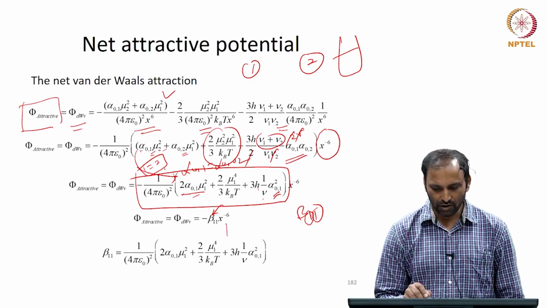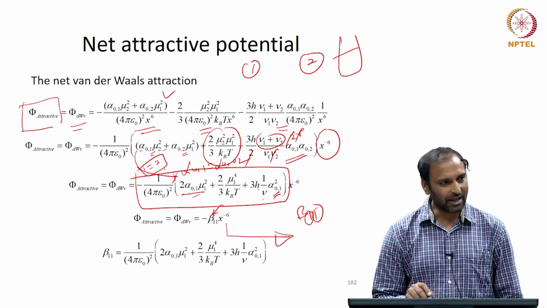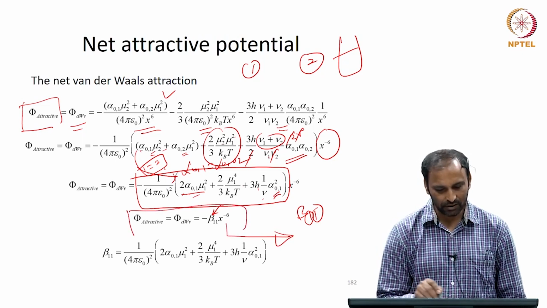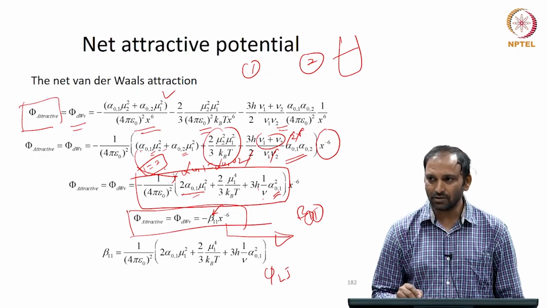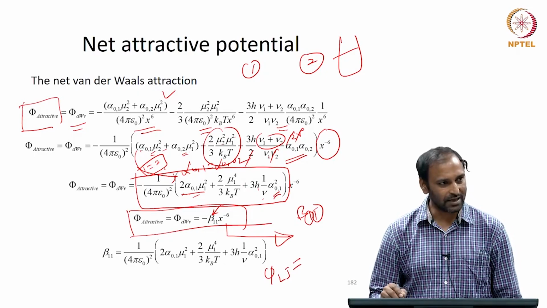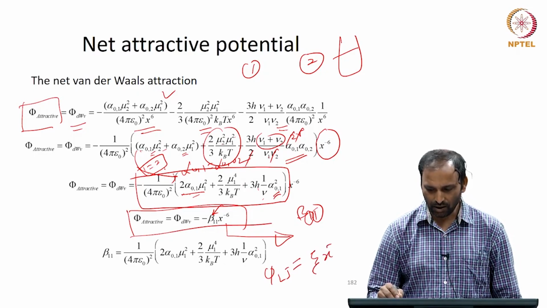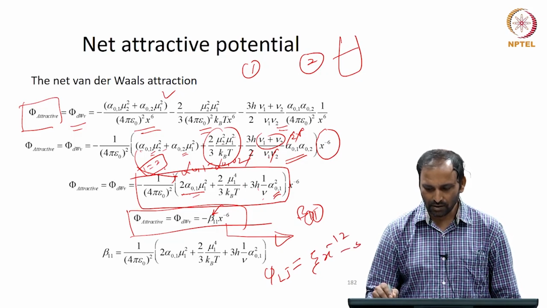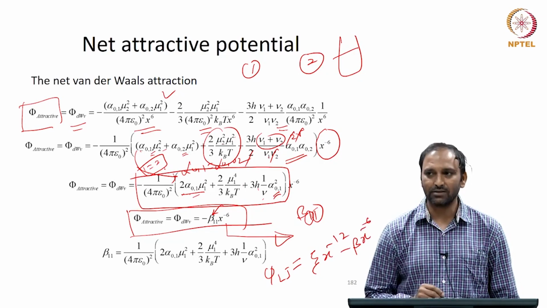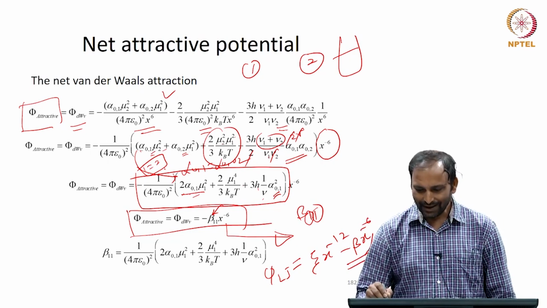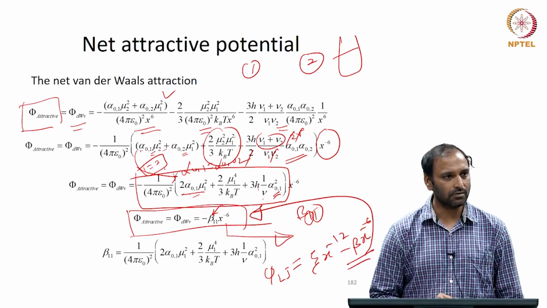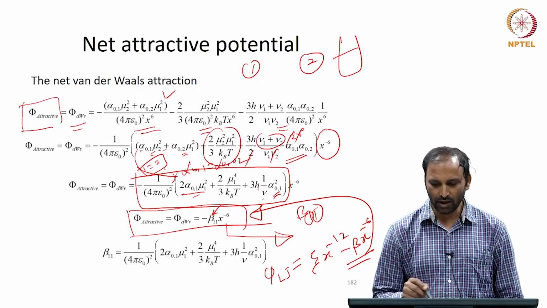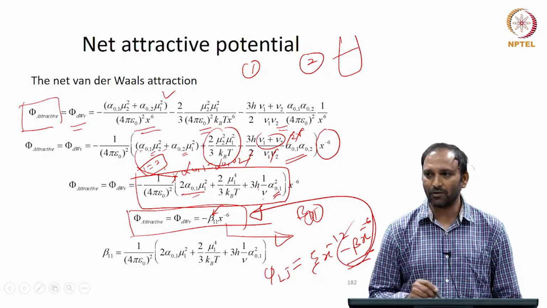Now, you should think about the similarity of this attractive part to the Lennard-Jones potential. Remember, we wrote this as x power minus 12 minus beta x power minus 6. This part essentially is the van der Waals interactions, right. Okay, so now we know where this comes from.